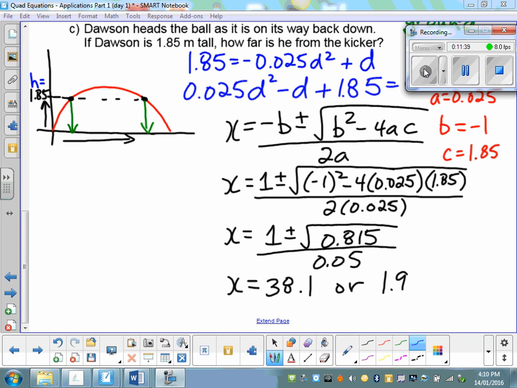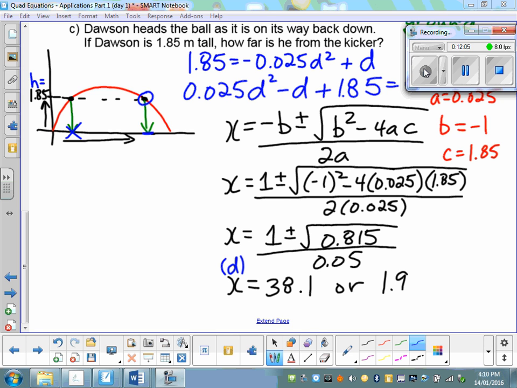Keep in mind, when I say x in this formula, we're also talking about d in our equation up above. So I've got two possible answers, 38.1 or 1.9. They're asking when the ball is on its way back down, so we're talking about this point here, how far is Dawson from the kick? So this is the answer that we need, not that one.